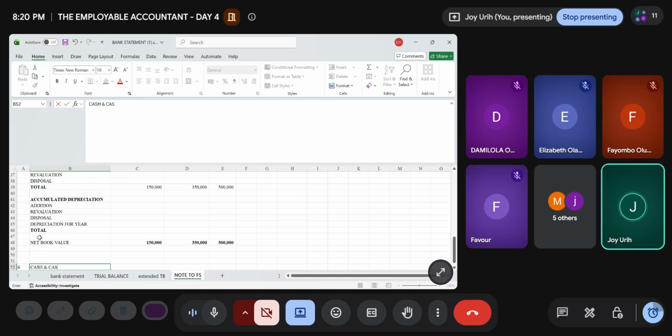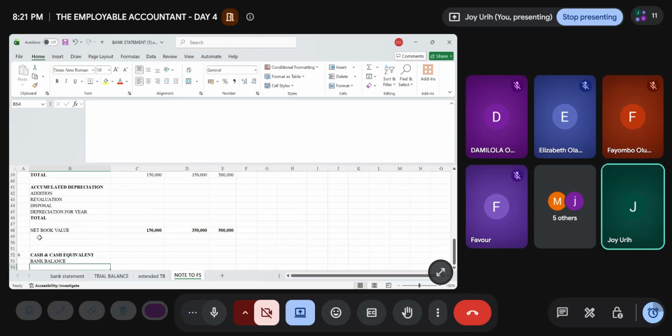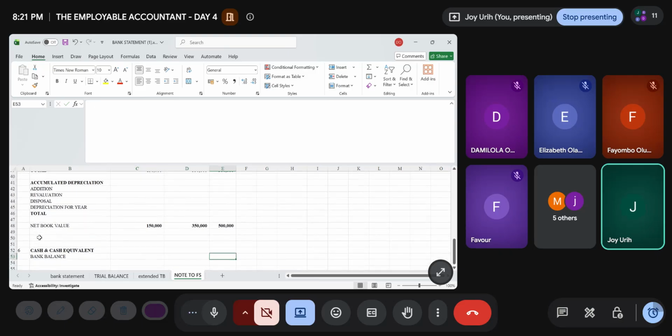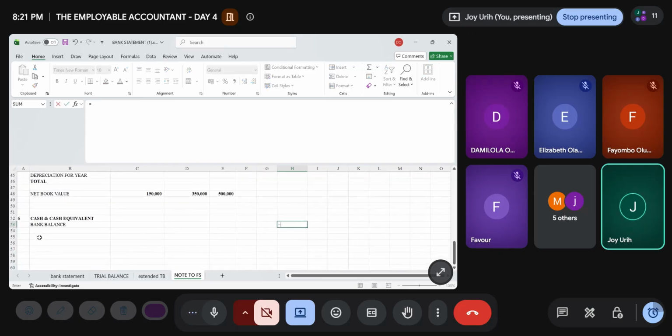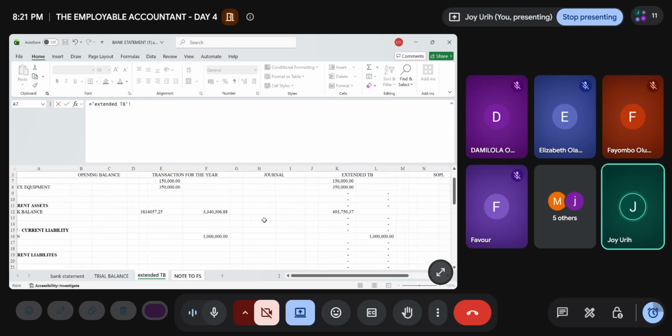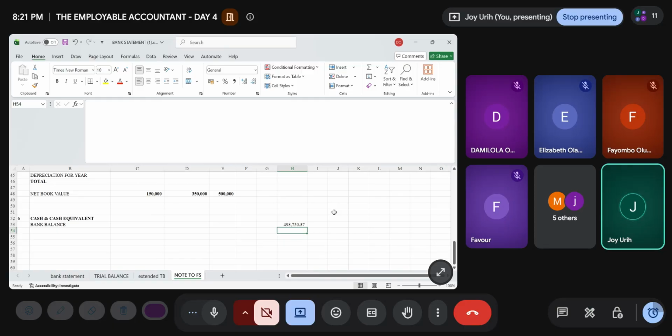We can have cash at bank, cash at hand, so that's why we'll name it cash and cash equivalent, but under it we only have bank balance. I'm picking the figure from my extended TB under the statement of financial position column.